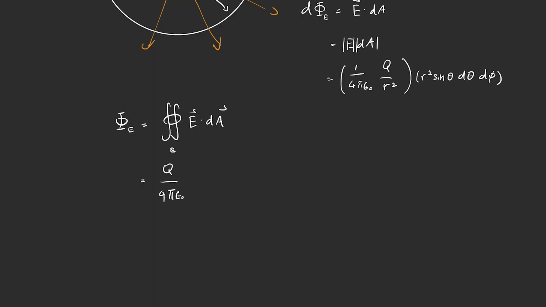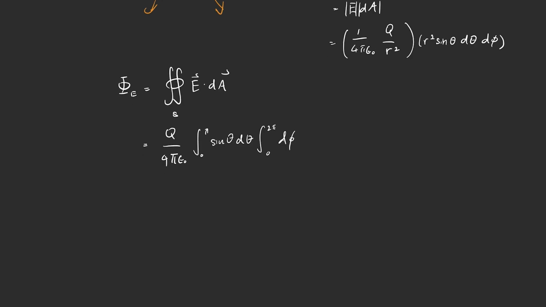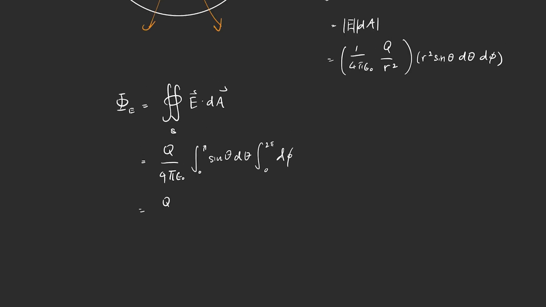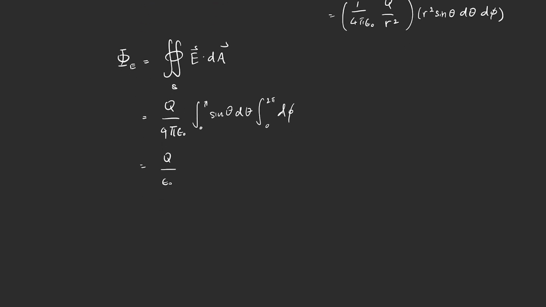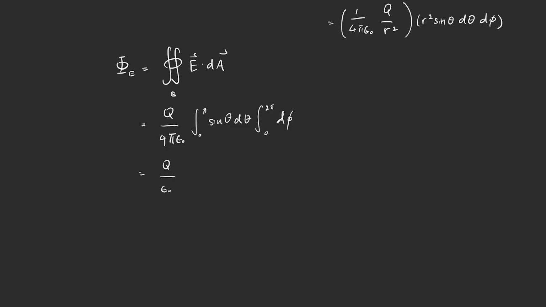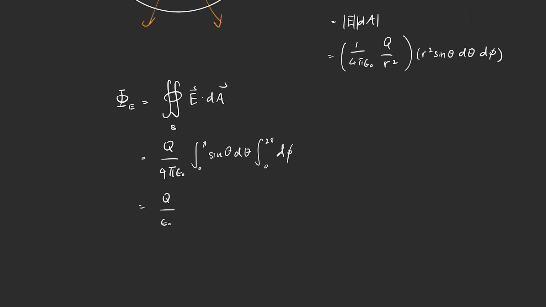This is the permittivity of free space, and everything else you can tell is a constant. And we just compute this double integral, which I won't spend too much time on. That leaves us with simply this.